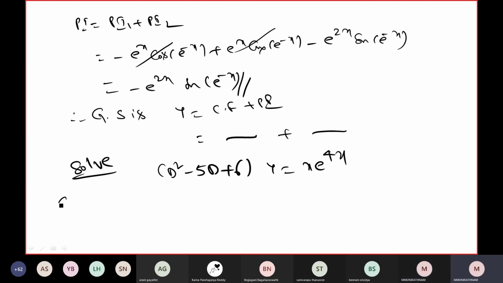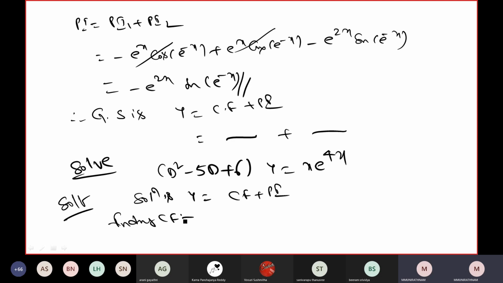సో ద సొల్యూషన్ ఈస్, సో వాట్ ఈస్ cf? 2,3 sir. ఓకే, cf కనుక్కోండి. The roots are 2, 3.